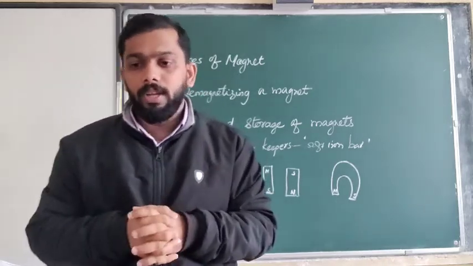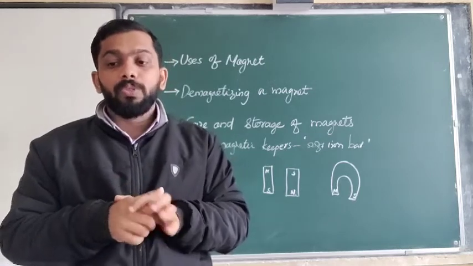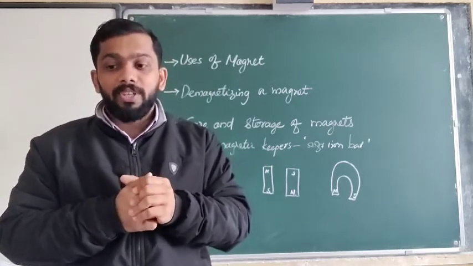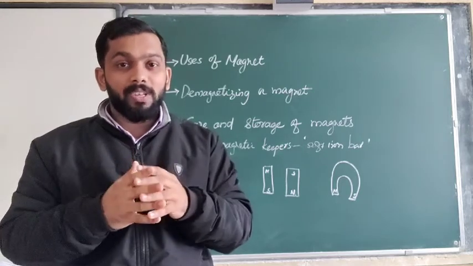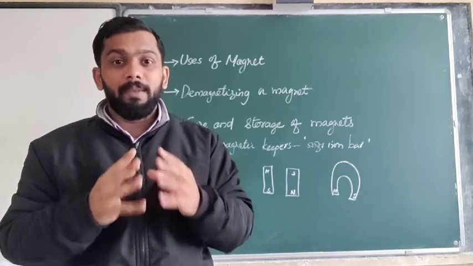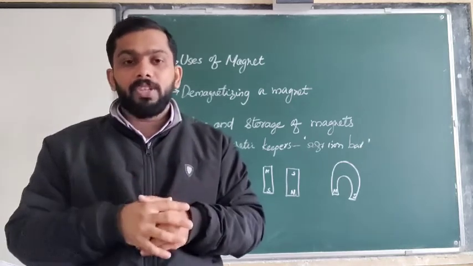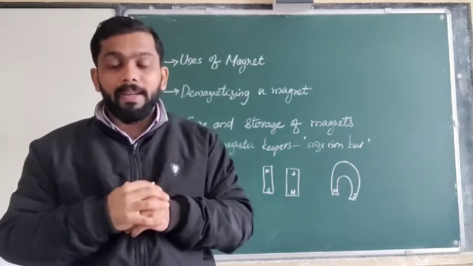Then the third use is that magnets are used in computers, television, speakers and microphones. In the computer, in the coming session we will discuss how even the hard disk is formed by some magnetic materials.